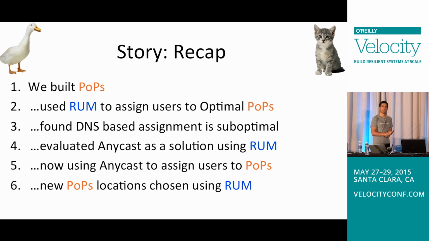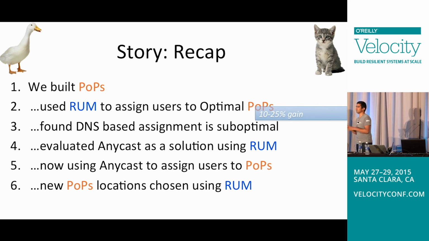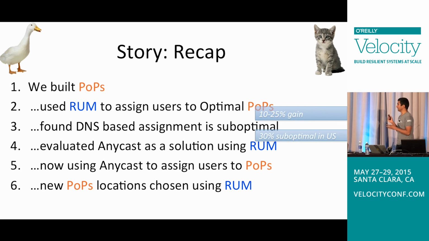So here's the recap of the story. Again, we build POPs, and we use RUM to assign users to optimal POPs. DNS-based assignment was suboptimal. We used RUM and found that we could improve LinkedIn download times by 10 to 25%. In the US, it was 31% suboptimal.